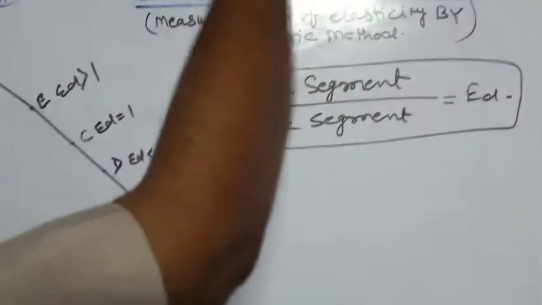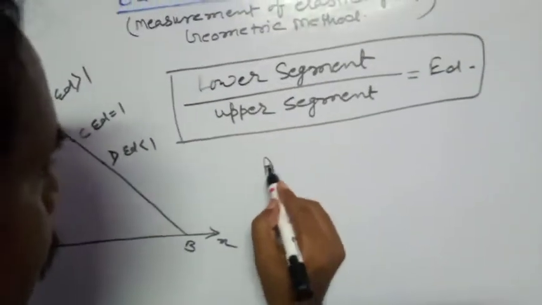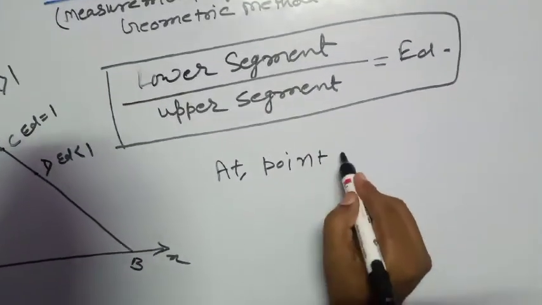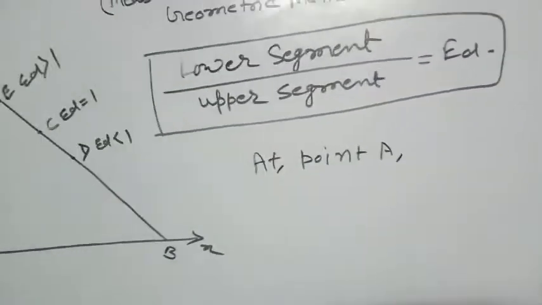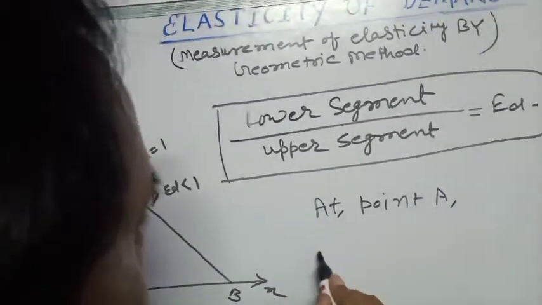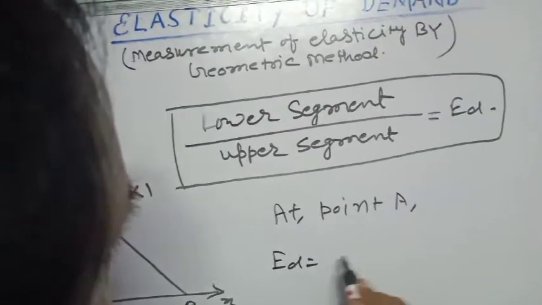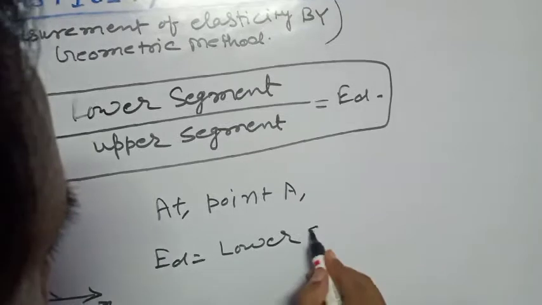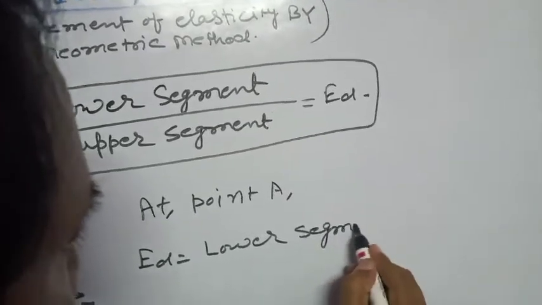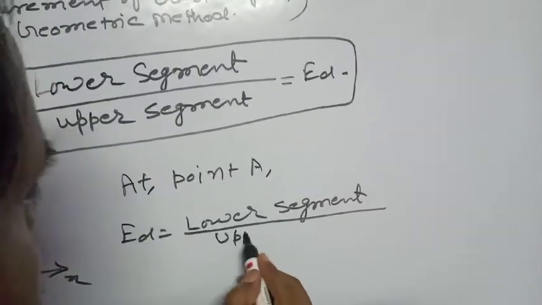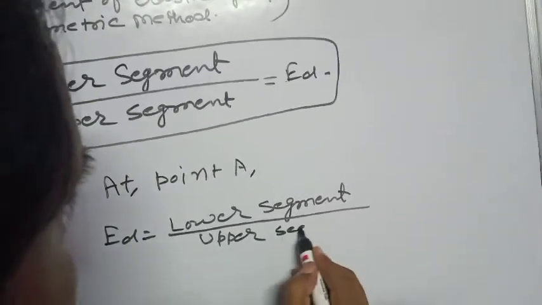At point A, again ED is equal to lower segment divided by upper segment.